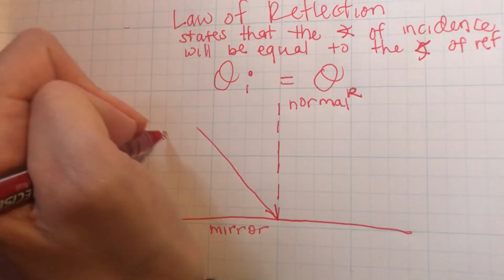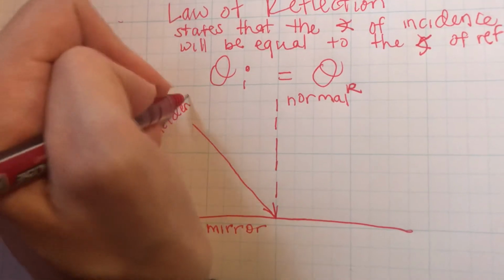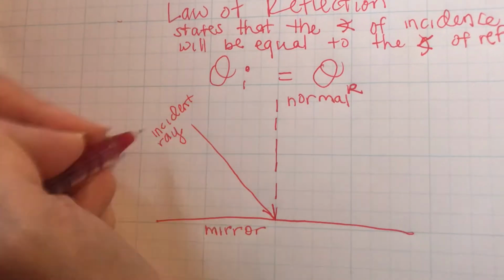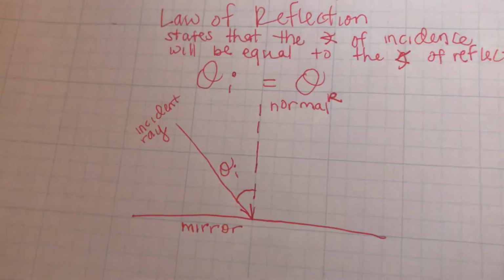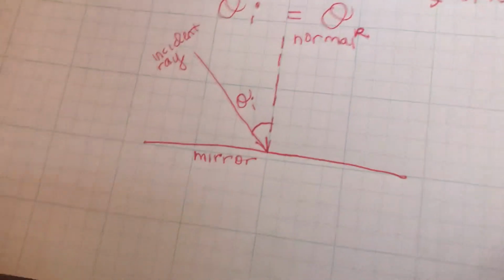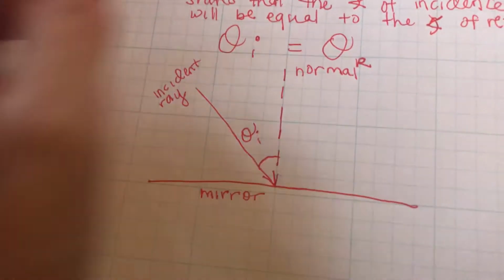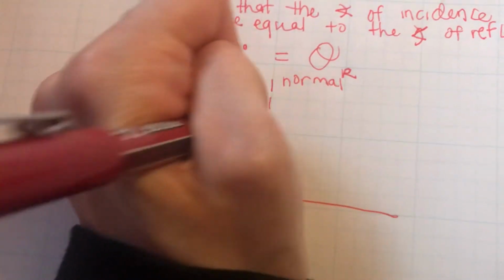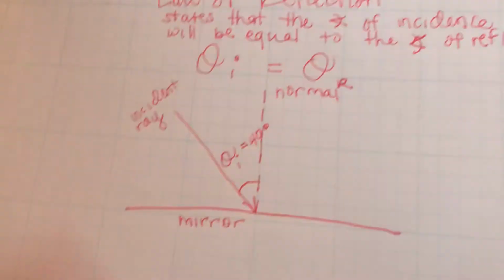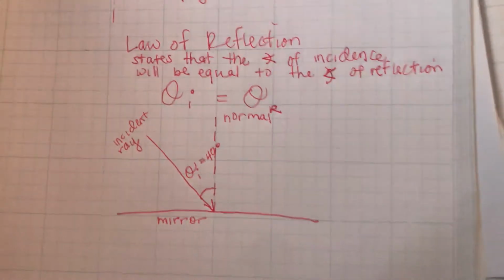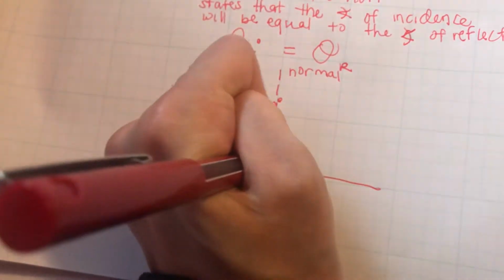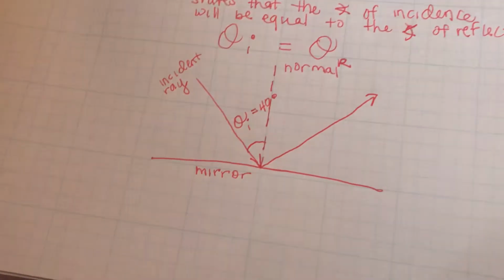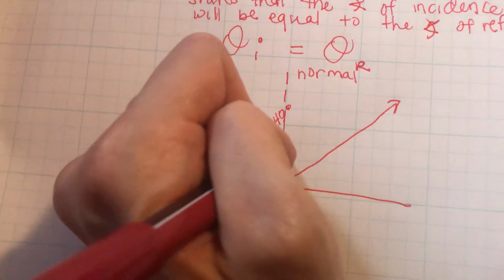So here's our incident ray, and let's call it theta I. It looks about maybe 40 degrees. So theta I in this case is 40 degrees. If theta I is 40 degrees, then based on the law of reflection, we're going to see theta R is also 40 degrees.